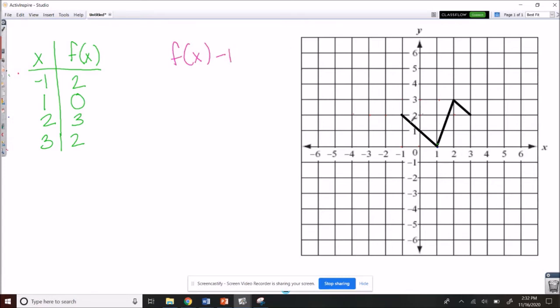So here we're going to move every y value down 1. So we have the points (-1, 1), (1, -1), (2, 2), and (3, 1). So notice our x's don't change this time. It's just those y's that we're subtracting 1 from.